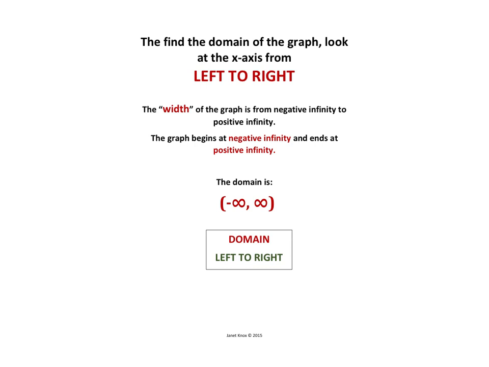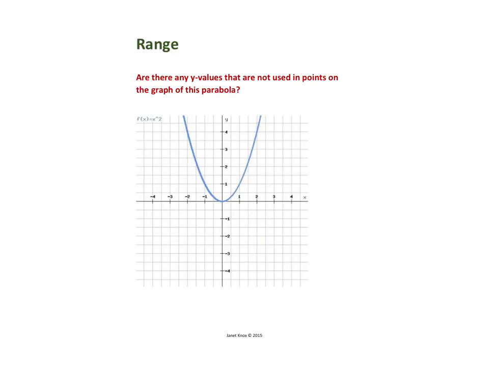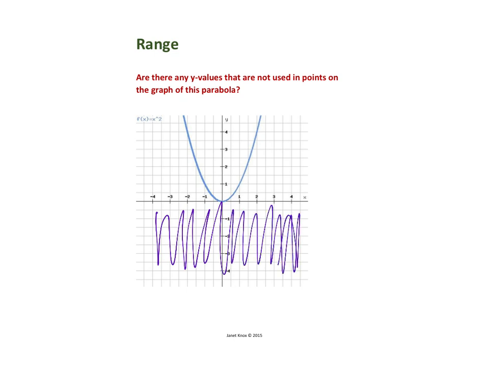So the range is going to be a little different. Are there any y values that are not used in the points on the graph of this parabola? Think about that. Well, yeah, there are, because it doesn't go down here. Is the graph down here in this y area? No, it's not.